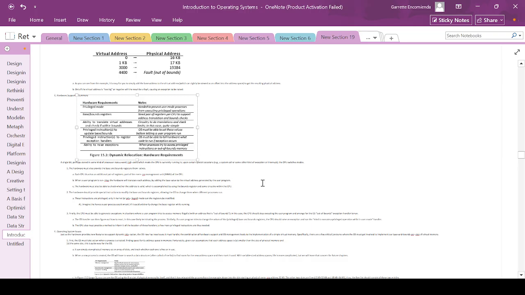Privileged instructions to register exception handlers. The OS must be able to tell hardware what code to run if an exception occurs. So it must also provide this exception handler, kind of like the trap table for system calls and interrupts.